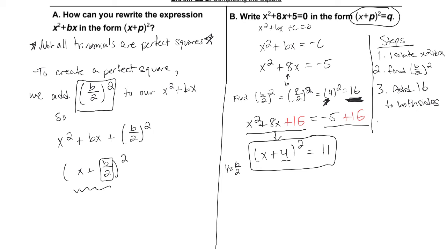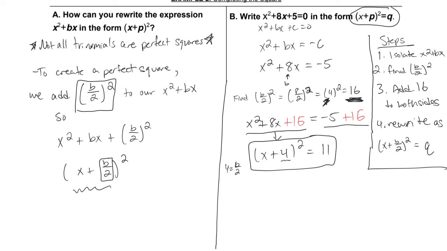So the fourth step is to rewrite it as x plus b over 2 squared, where b over 2 is 4, is equal to our q. That's what we want to do for this. Then we'll go into solving them.